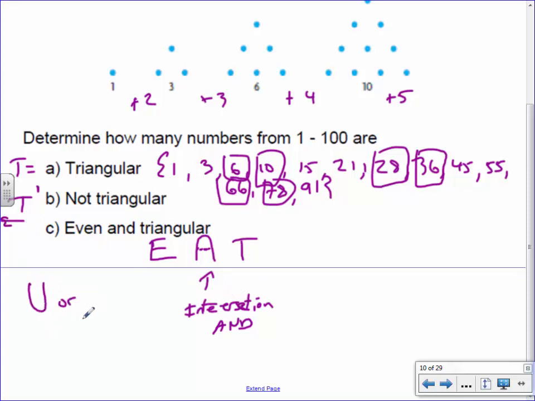This one means or. And I remember that because then it's kind of like an O. It's silly. But this symbol here, the intersection, means and. This union one here means or. Okay, anyways, the even and triangular ones then would be 6, 10, 28, 36, 66, and 78.